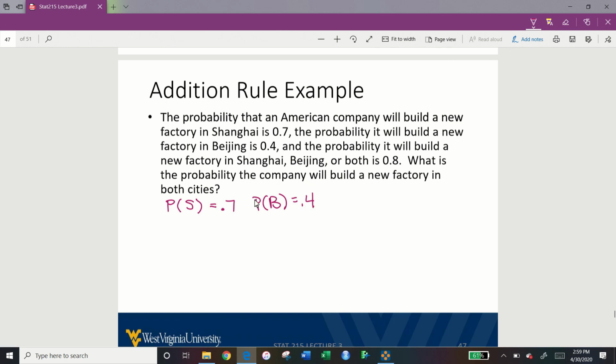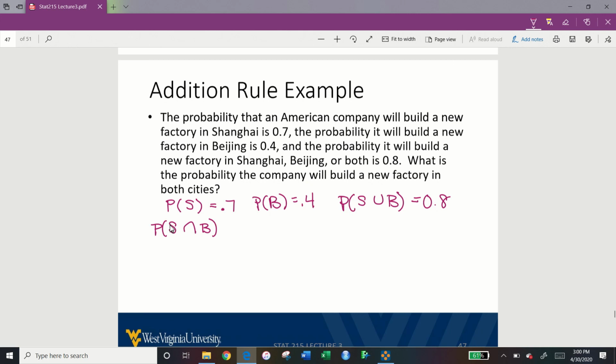Now, because that's all options, using my context clues I realize they're talking about the union of the event, which is 0.8. We want to know the probability that the company will build a new factory in both cities, meaning what is the probability that we build in Shanghai and Beijing? We are asked to find our intersection.